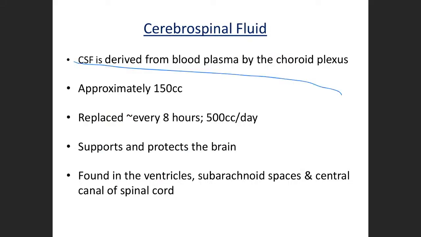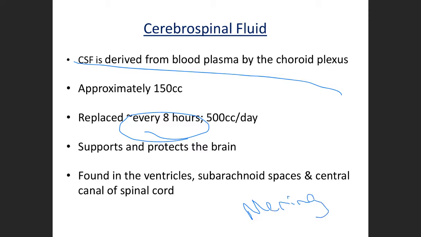The CSF is going to be derived from blood plasma by the choroid plexus in the brain. The cerebrospinal fluid will be replaced about every 8 hours in the body. And as I already mentioned, it's going to create a blockage, hopefully, of pathogens from the blood into the body. If pathogens do enter the brain or the spinal cord, so entering into that cerebrospinal fluid and then causing damage, it can cause inflammation of the meninges.